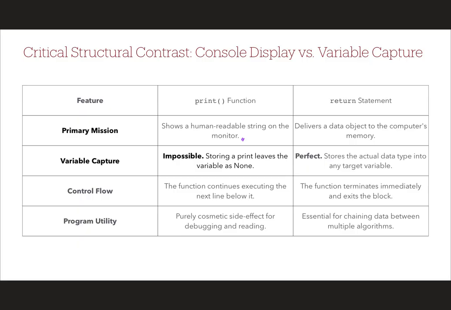But this print function does not return anything. If you want to return something within your custom-made function, you need to use the return statement. So using this return, you can send some information back to the caller.